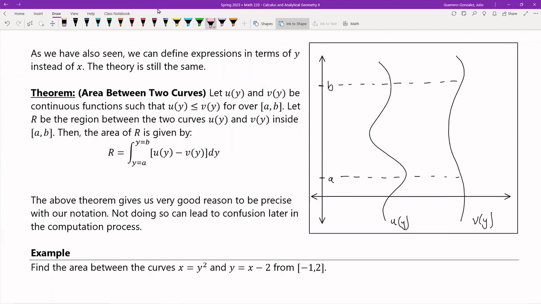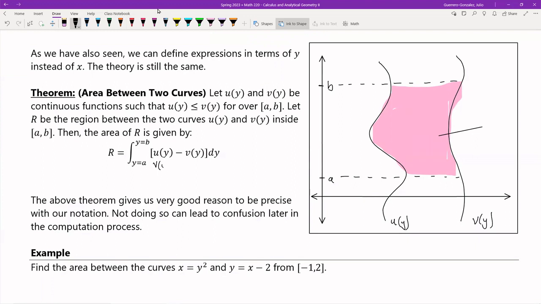None of the theory changes really. I want all of this area right here. Then that region R is given by u of y. Oh, I have them backwards. Isn't that great?